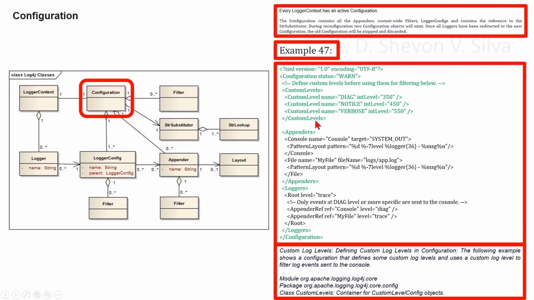This example shows a configuration that defines some custom levels and uses a custom log level to filter log events sent to the console.